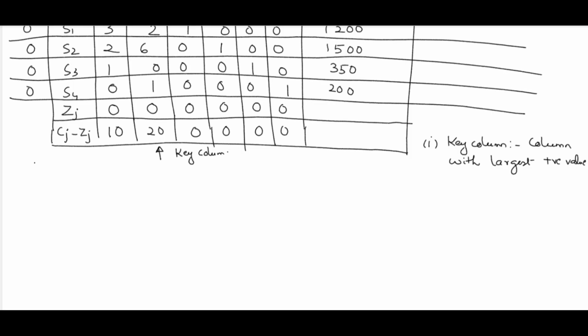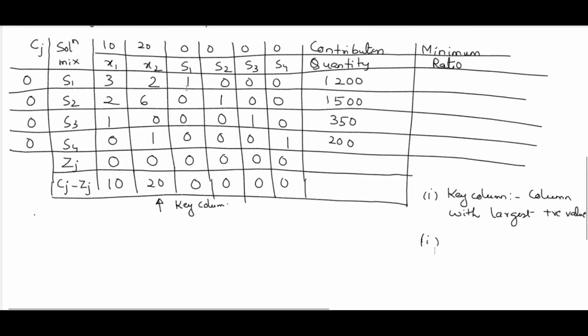Divide each amount in the contribution quantity by the key column element and choose the smallest value. You can see that here this is the contribution quantity. So divide the contribution quantity by the key column element. That means for the first row it is 1200 divided by 2. For the second it will be 1500 divided by 6.